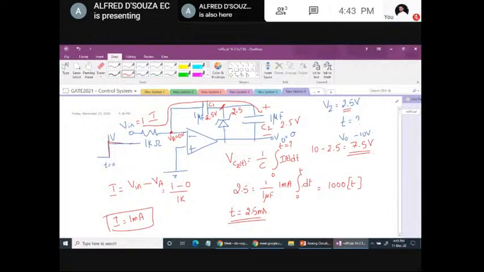By this time it is 2.5. So what should be the voltage to which C1 should charge? 7.5 volt. It has to charge a further 5 volt so that it becomes 7.5, plus 2.5 becomes 10. So we'll apply the same formula to capacitor C1.